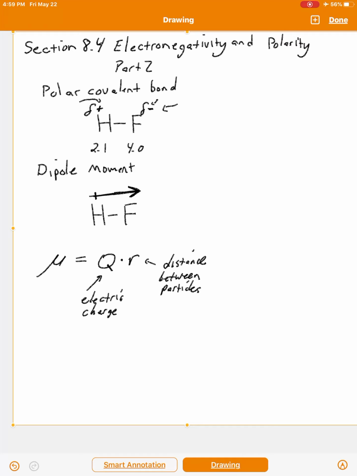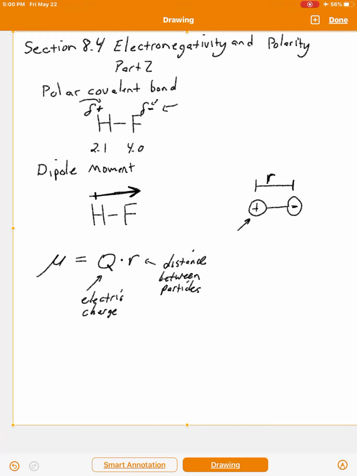So it's based on this idea that you have something that has a positive charge and it's attached to something that has a negative charge, and there is a distance between them. Distance r, right? So the centers of those two charged particles are r units apart. If we multiply that by the amount of charge that the particle has.